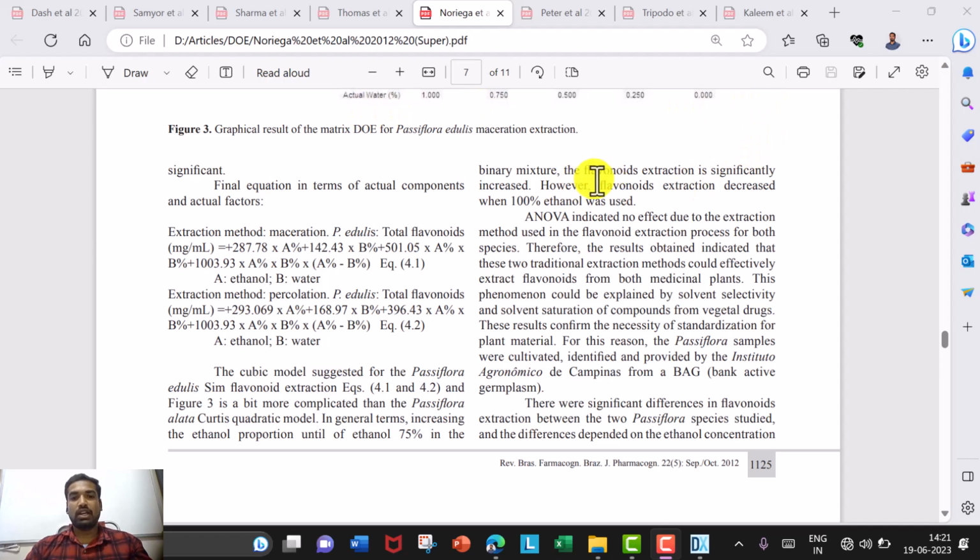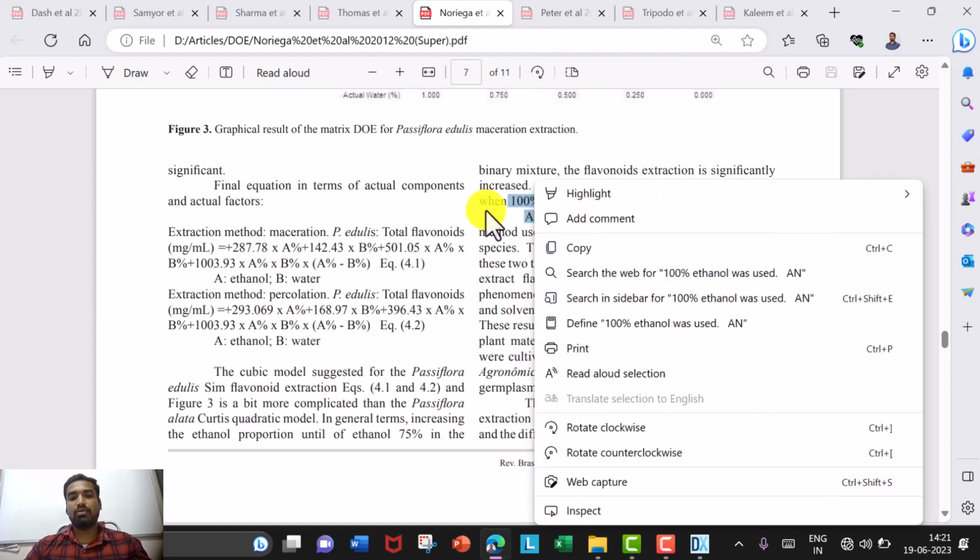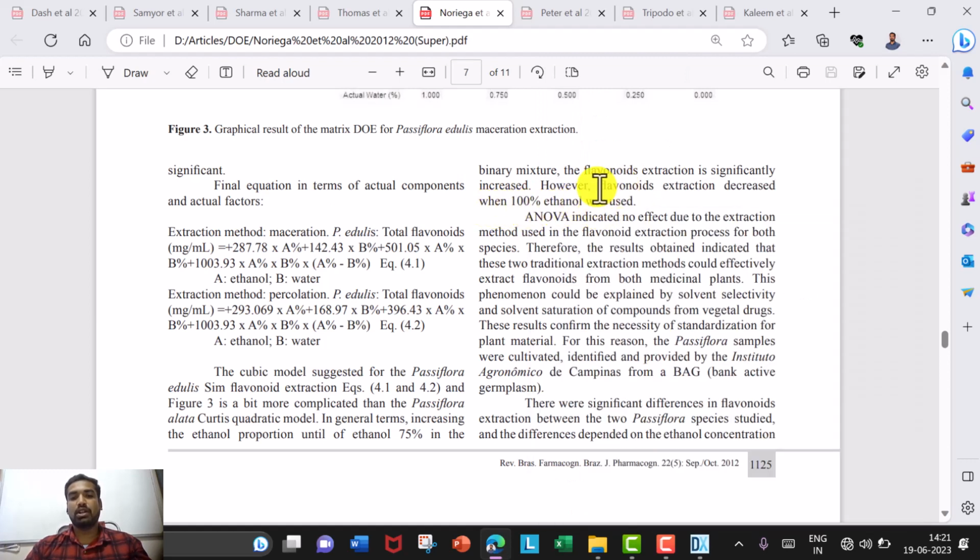And he also mentioned here that flavonoid extraction decreased when 100% ethanol was used. If you are using 100% ethanol, the flavonoid extraction is decreasing.